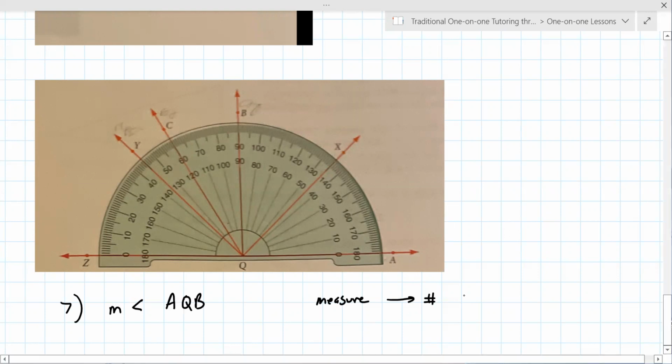Where's A? Do you see A on the graph? Yeah, it's right there. And then there's Q. And then where's B? B is up here. So here's the angle. What angle is this? I know right angle, it's 90 degrees. So your answer is 90 degrees. And you have to put that degree symbol.